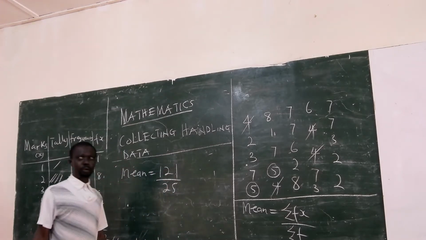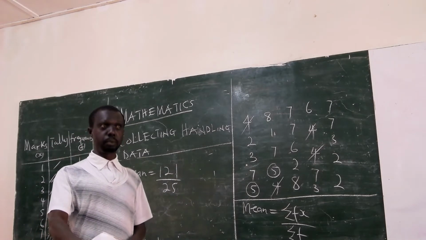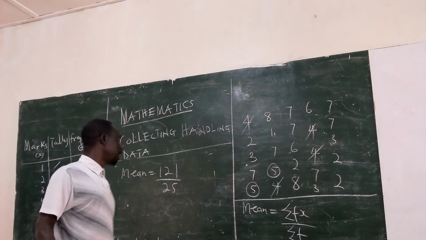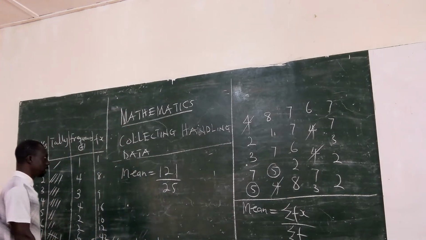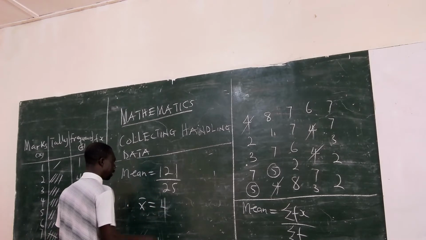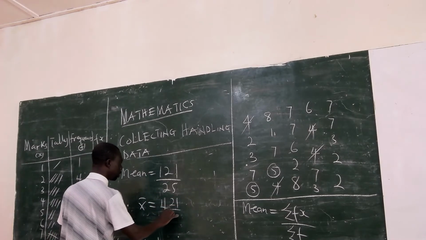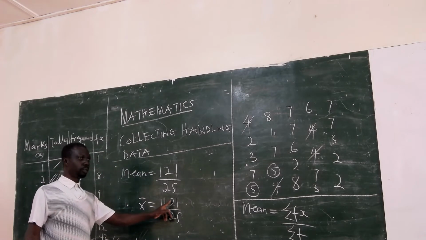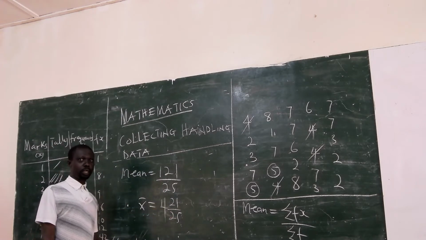Either you use the long division method or the decimal fraction method. We divide 121 by 25, it will give us 4, remainder 21. 25 times 4 will give us 100, 100 plus 21 will give us 121.